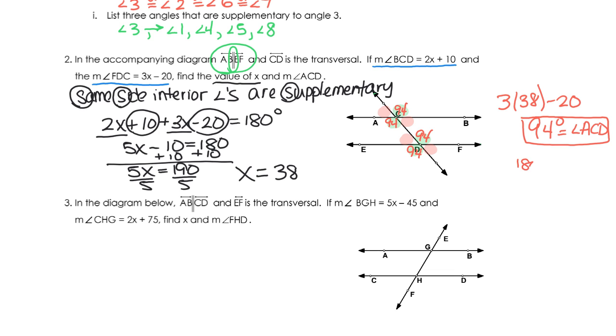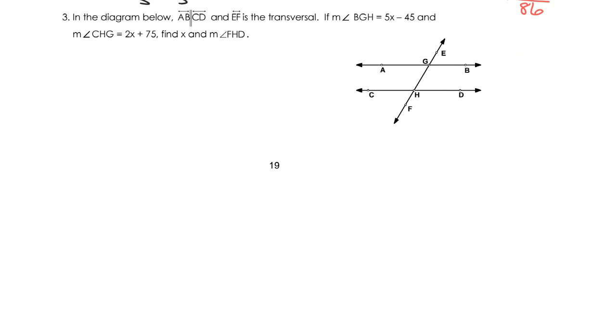So if I did 180, take away 94, I would have 86 degrees. And therefore, all the red angles here that are highlighted in red are 86. And so you can see what a complete picture looks like with all those angle measurements filled in for all 8 angles.